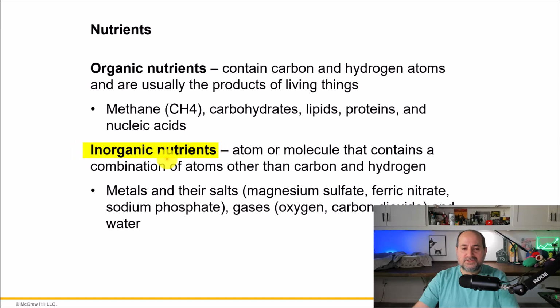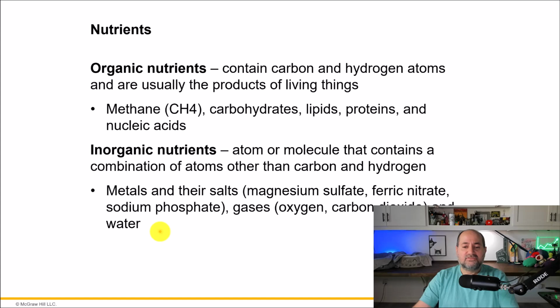Inorganic nutrients are usually atoms, elements, or molecules even, that do not possess carbon and hydrogen. These can include metals and their salts. So here's a bunch of examples that you don't need to memorize, but magnesium sulfate, ferric nitrate, sodium phosphate, oxygen gas, carbon dioxide gas, water. These are inorganic nutrients.